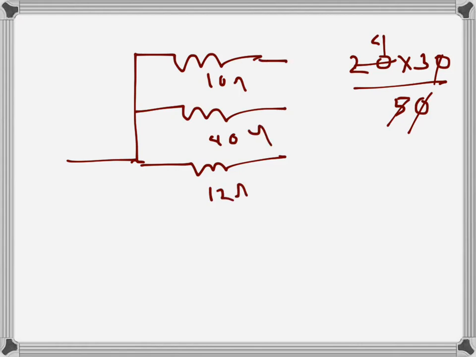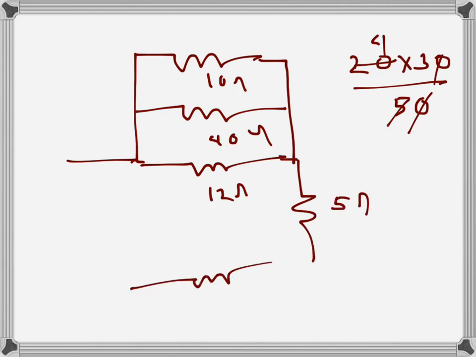So that's the equivalent. And then we have 5 ohms here and 50 ohms here, and here we have terminal A, terminal B. Now I will erase this part to simplify, basically.